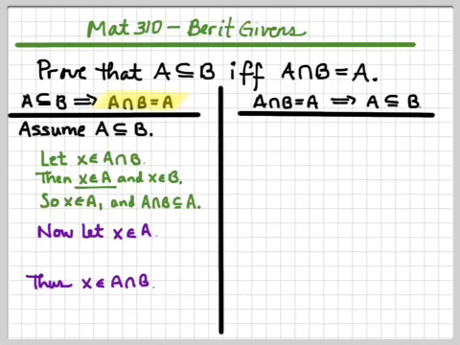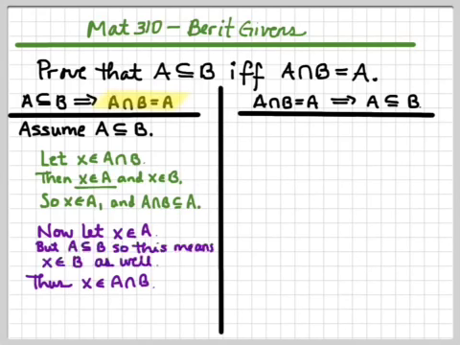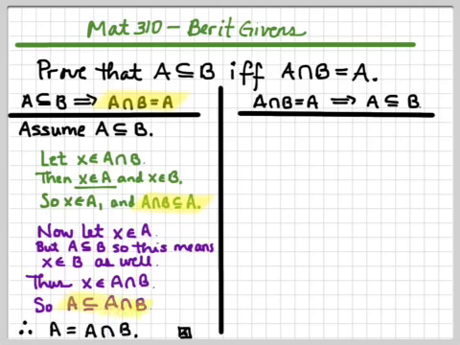A is a subset of B, which means every element of A is also an element of B. So this means that x is an element of B as well. And so now I have altogether x is in A, x is in B, and so those two things together tell me that x is in A intersect B. And so now in this part I've completed that A is a subset of A intersect B. Okay, and then finally putting these two pieces together gives me that A equals A intersect B.